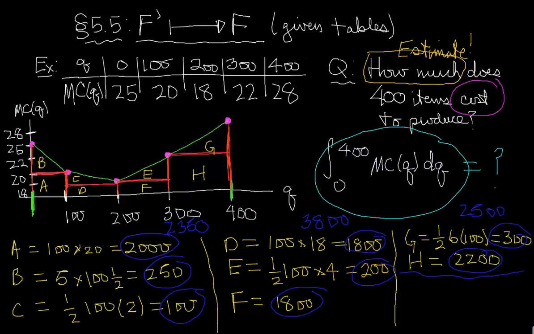So if we add all those numbers up, 2,350 plus 2,500 plus 3,800, that's 4,850 plus 3,800. That's going to give us 8,650. Alrighty, and there you have it. That is the cost to produce 400 items if the marginal cost is given by this chart.